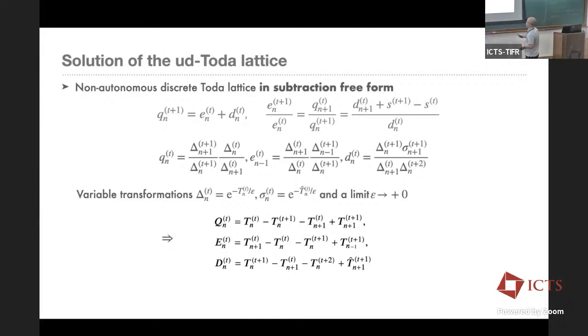And okay, let's take the ultra-discrete limit of this Hankel determinant itself. In the same manner, we can apply the ultra-discrete limit to the equation, but also to the solutions.